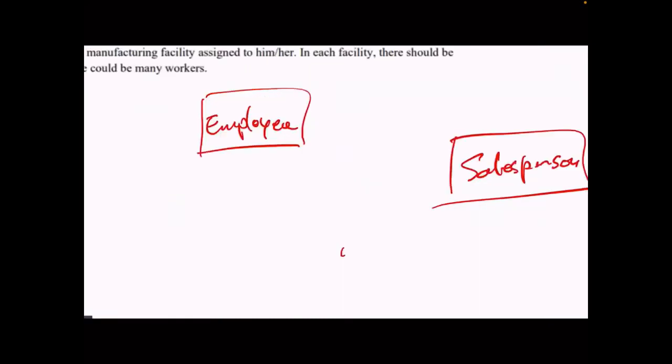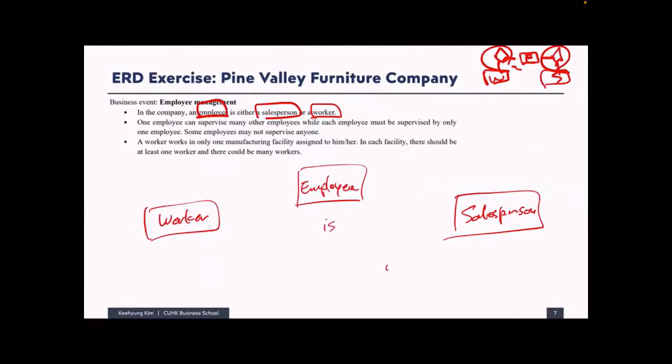So basically, if we utilize the ternary relationship, it will be like this. So employee can be either worker or salesperson. And if the person is a salesperson or worker, there should be employee. So they should be employee. And if there is an employee, he can be a salesperson or not.